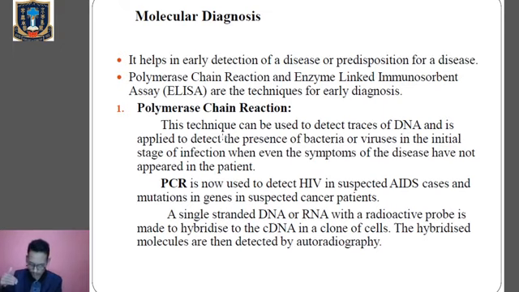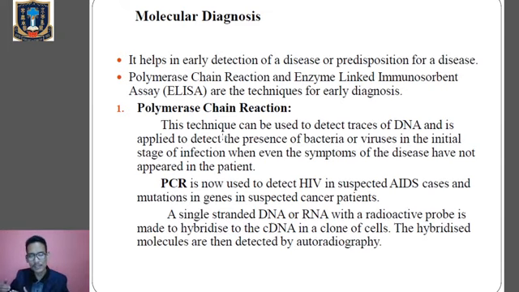So PCR is a technique where we can amplify the gene or the DNA to obtain numerous copies of DNA molecules within a short period of time. This technique can be used to detect traces of DNA and is applied to detect the presence of bacteria or viruses in the initial stage of infection.